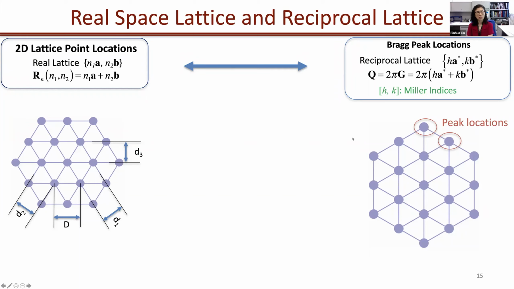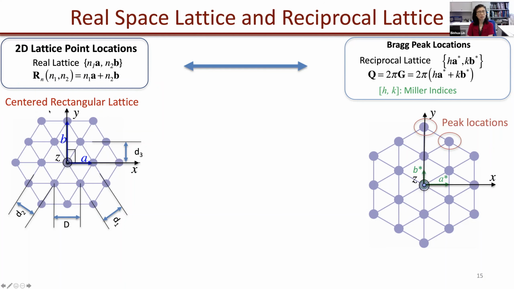We already mentioned that we're going to use the centered rectangular lattice. To build a real lattice, all we need to do is to find A and B in terms of the lattice constants. For a hexagonal lattice, the d-spacings d1, d2, and d3 are equal, and there's the small d.